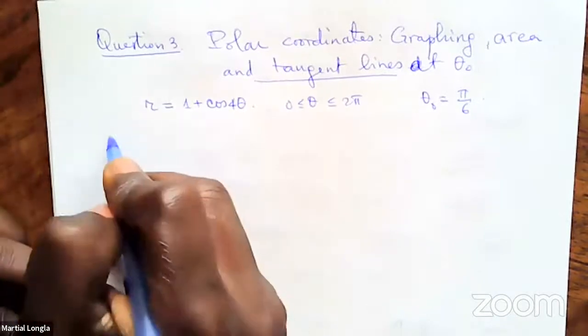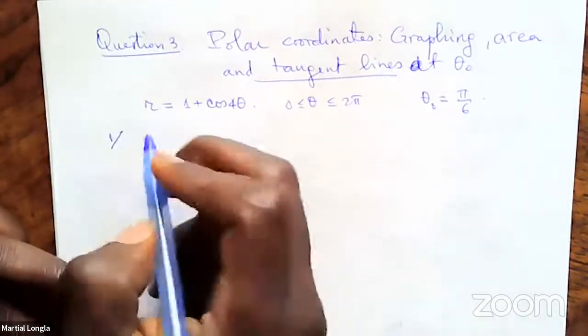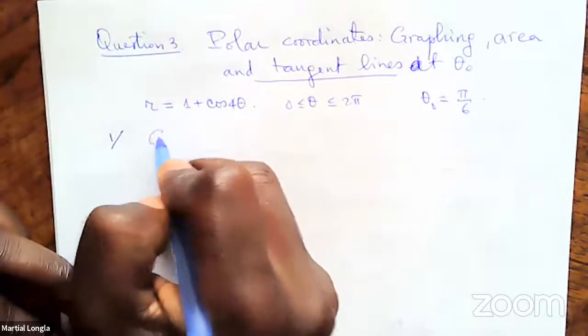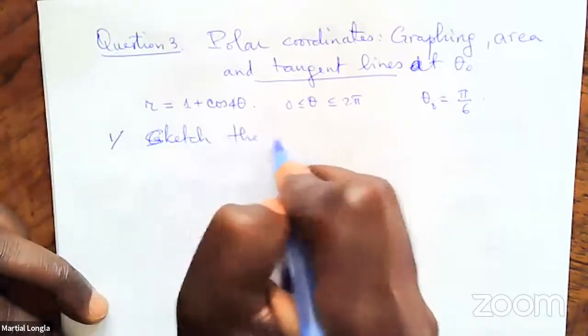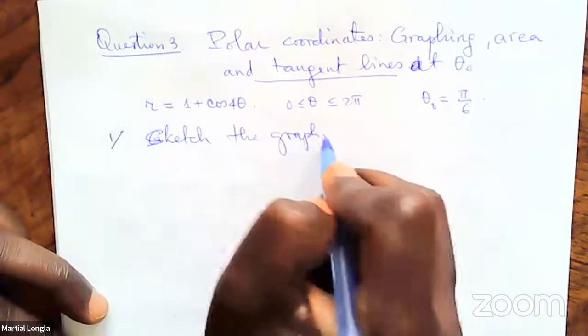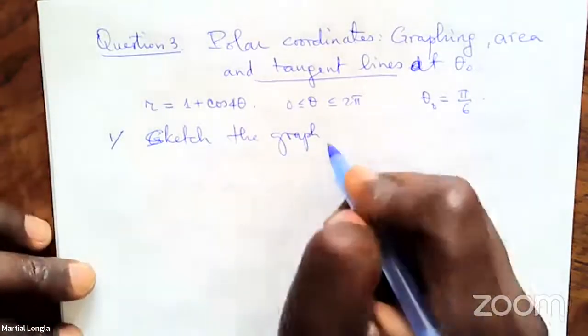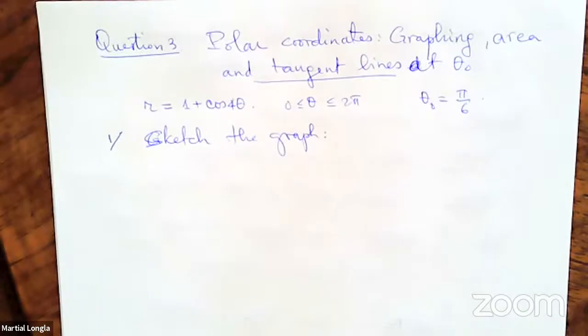Now question, first part, let's say, sketch the graph. How do we sketch the graph of this? What are the steps that I propose for this?